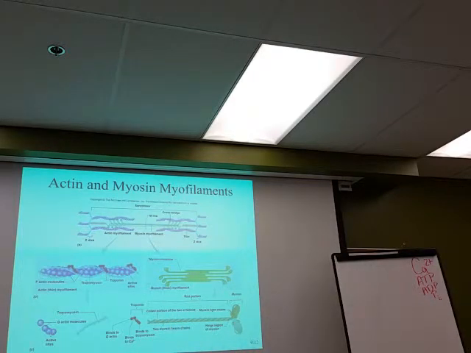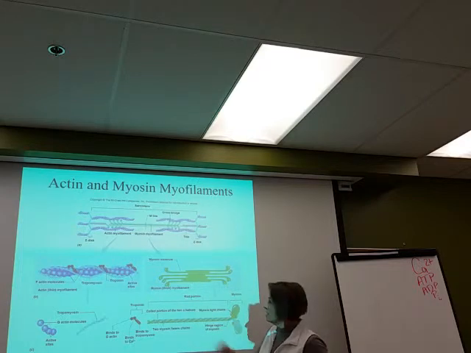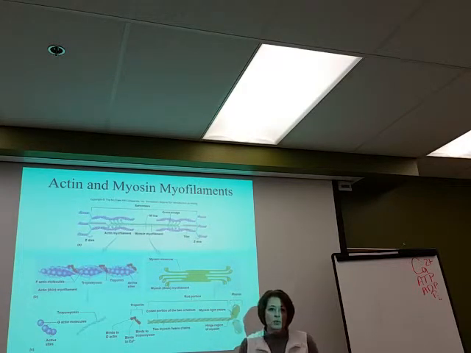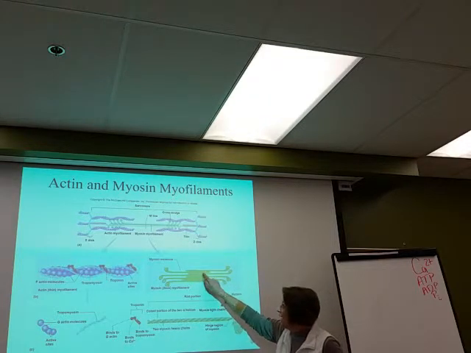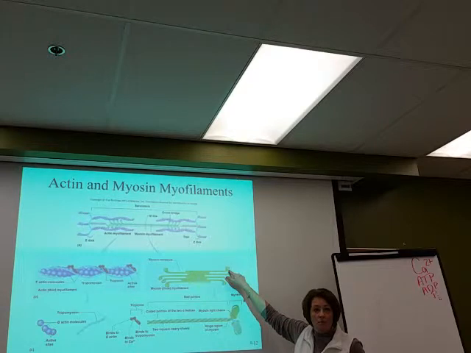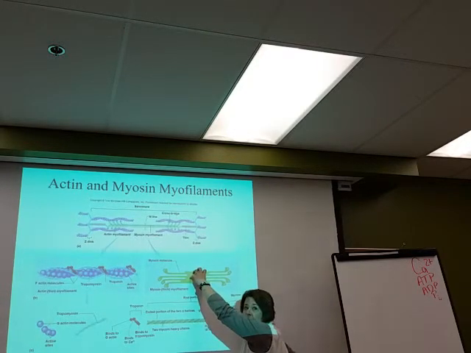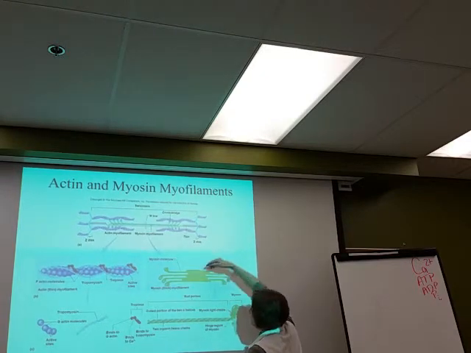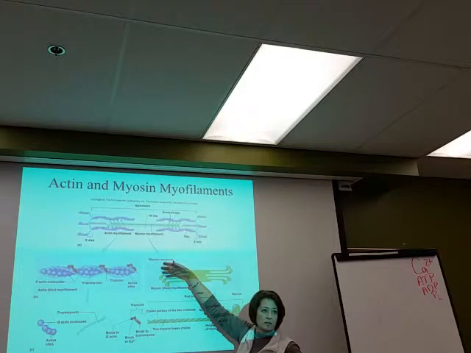Okay, so on this thick filament, it looks like golf clubs. All right? And they're going to have what's termed the myosin head. So note that on that thick filament, lots of these golf clubs existing.